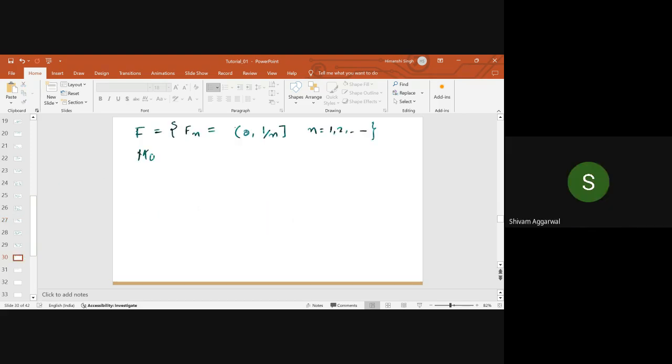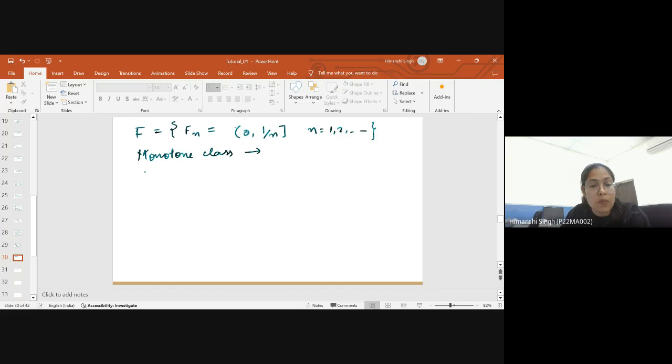Basically, a more precise definition is: for any monotone sequence Fn, which can be monotonically increasing or monotonically decreasing, its limit should be in M for M to be a monotone class.